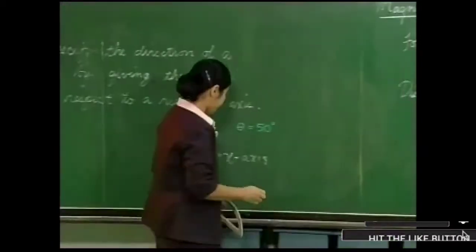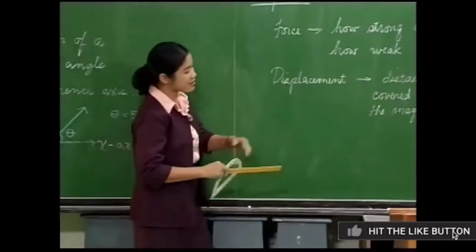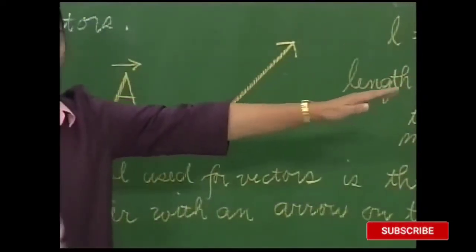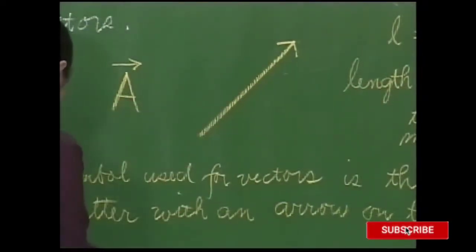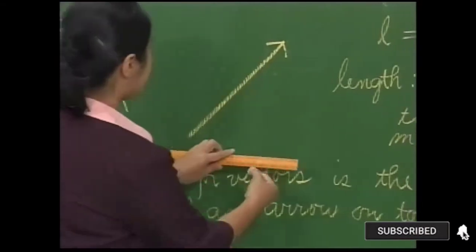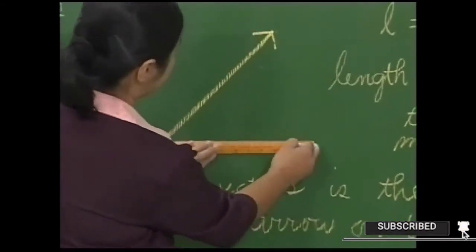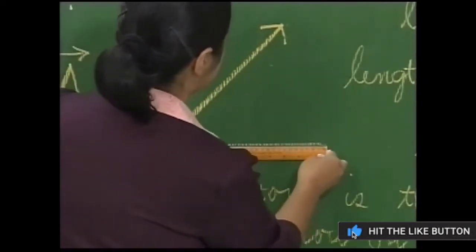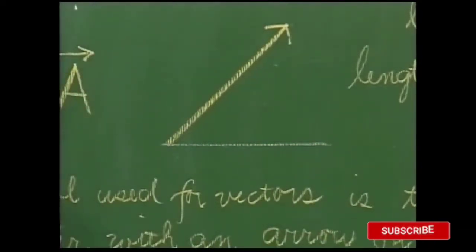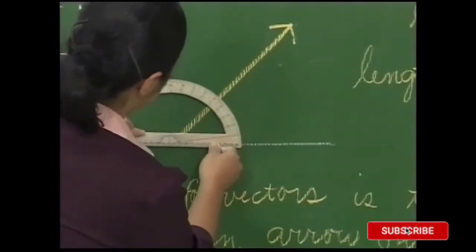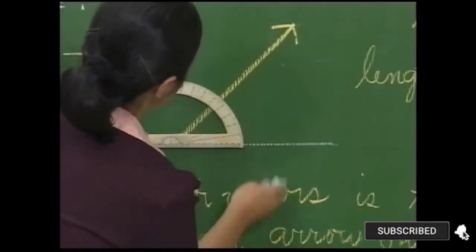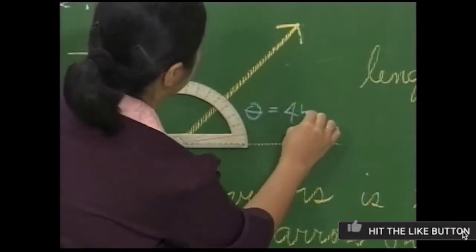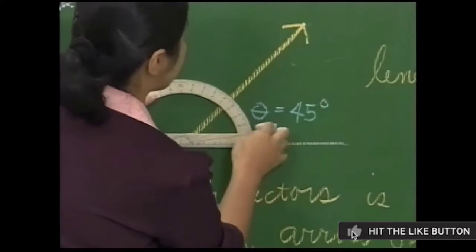And therefore, if I go back now to my vector A, I want to transfer it, what I would do is make sure that if I get the angle of A with respect to the x-axis, so this is my horizontal axis, this is x, I measure the angle, so this is theta equals 45 degrees.